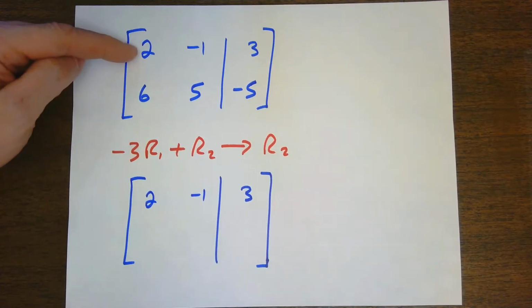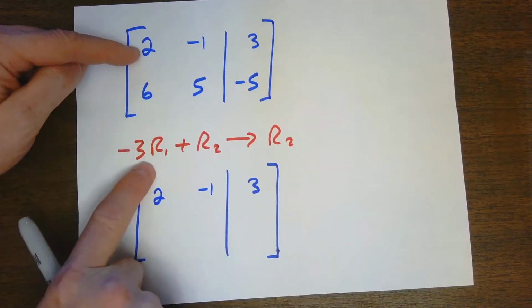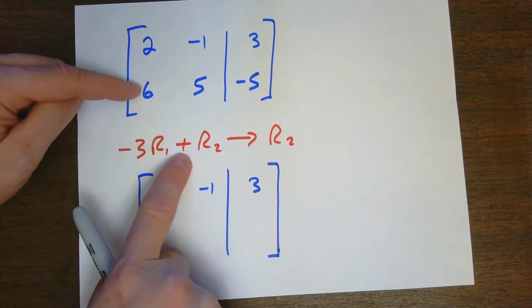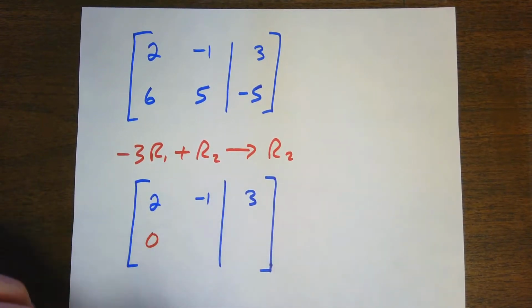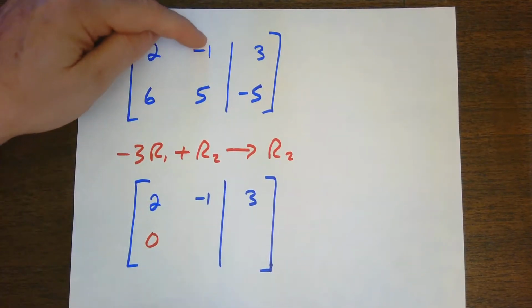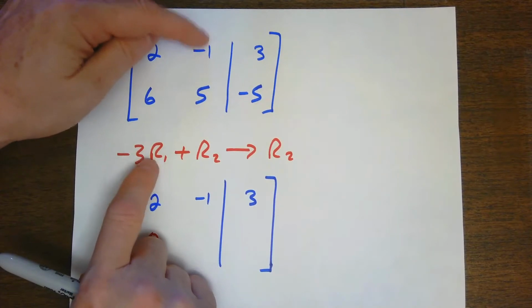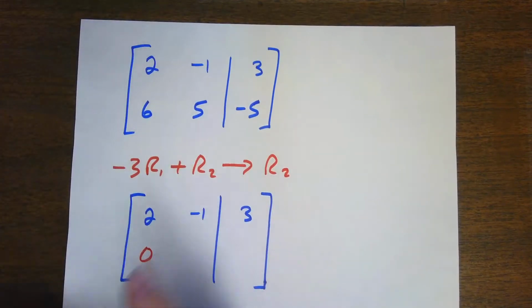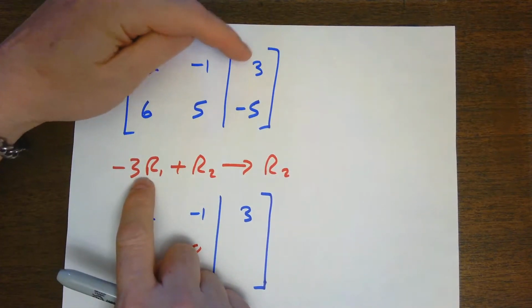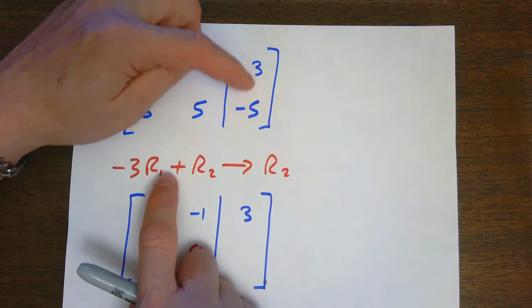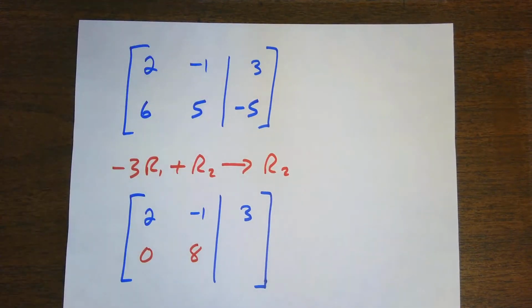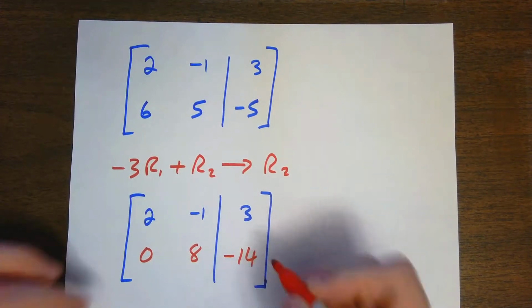Negative 3 times row 1, which is negative 6, plus row 2, which is 6, 0. Negative 3 times negative 1 is positive 3, plus 5 is 8. And then negative 3 times 3 is negative 9, plus negative 5 is negative 14.